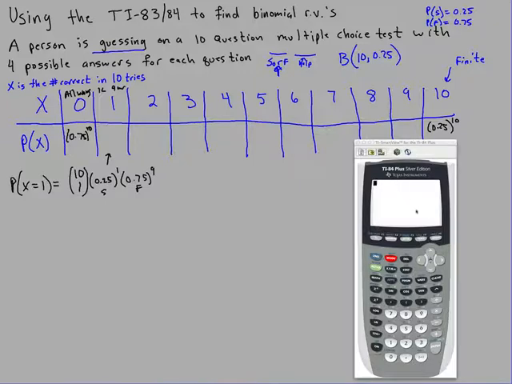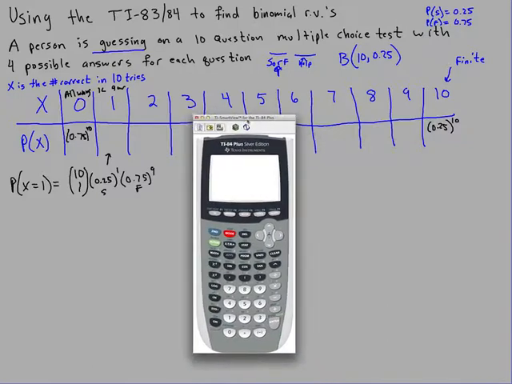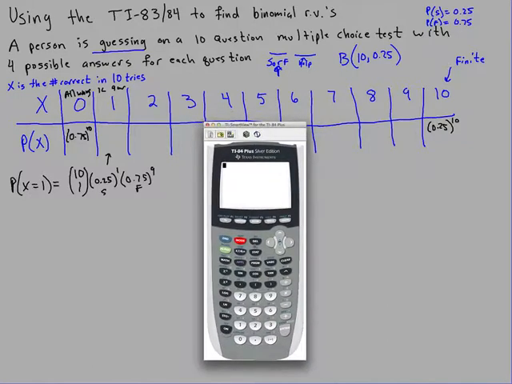So here's your calculator, and what we want to do to find this is go to distribution, because this is a binomial distribution. All the models are basically just a distribution of the random variables. So we go second, vars.